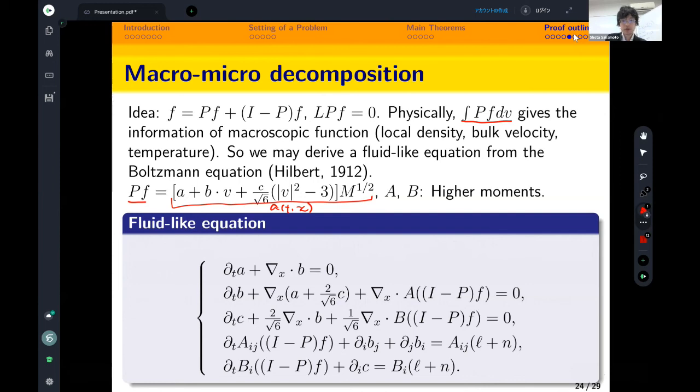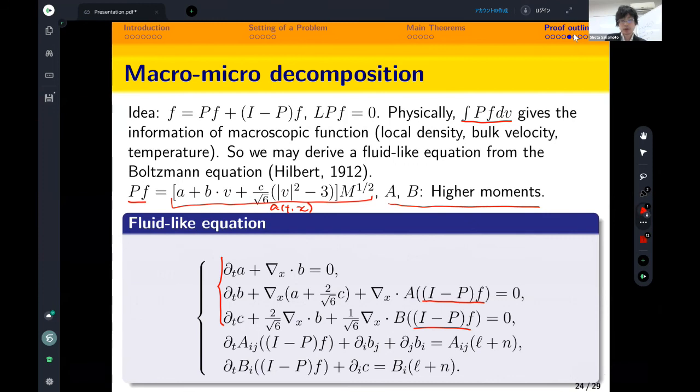By conservation laws, we can get these equations for the fluid part, ABC, but they do not close because we have the information of I minus P here, where A and B are higher moments, like a third order or fourth order moment.